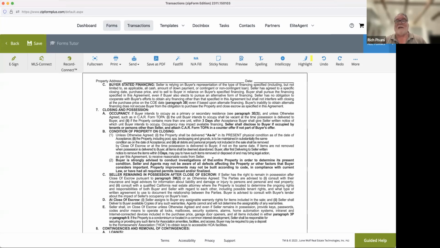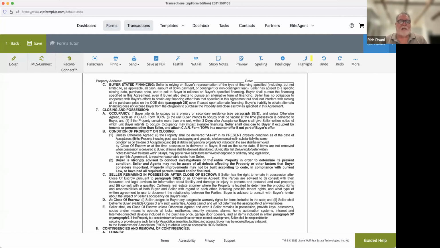Otherwise, it's mine. I can get rid of it and I can charge you. I can take you to court, small claims court, and charge you to get rid of it. So that is a gift to the buyer. Okay. Buyer is strongly advised to conduct an investigation of the entire property in order to determine its present condition. So that's really, really important.